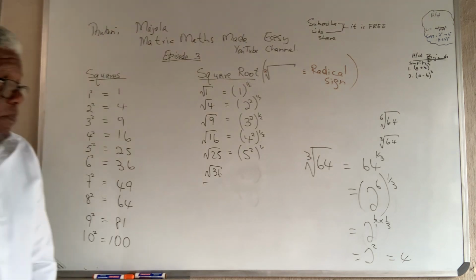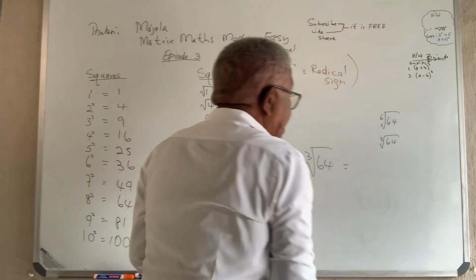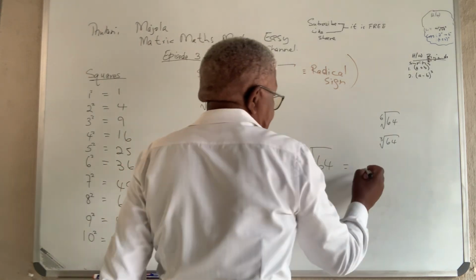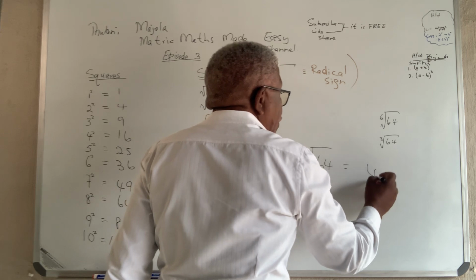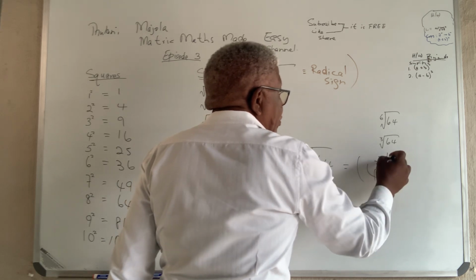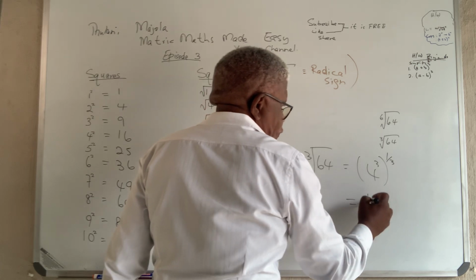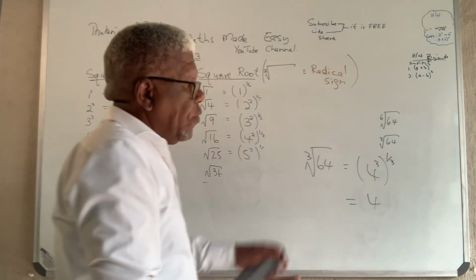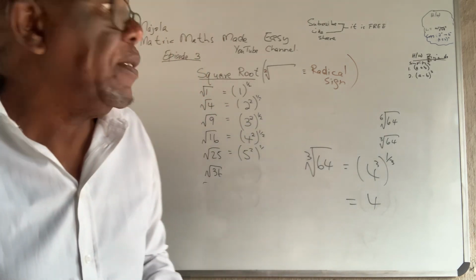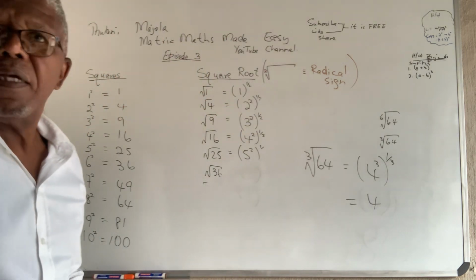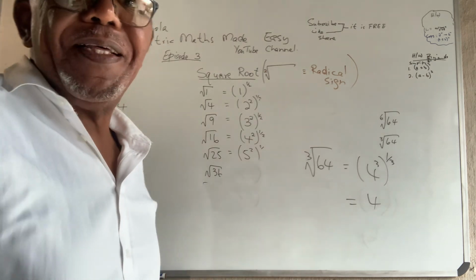But if you don't have to go back to the prime numbers, if you know your powers anyway, then you can just say this 64 is actually 4 cubed to the power a third, which equals 4. You don't have to go all that long way. So it helps to memorize all these things. But okay, this is your exponent for you. You know these things, you'll cruise in mathematics.